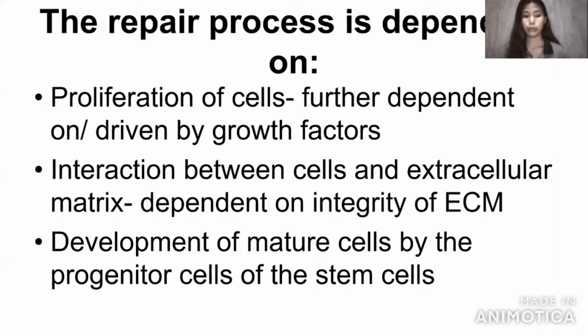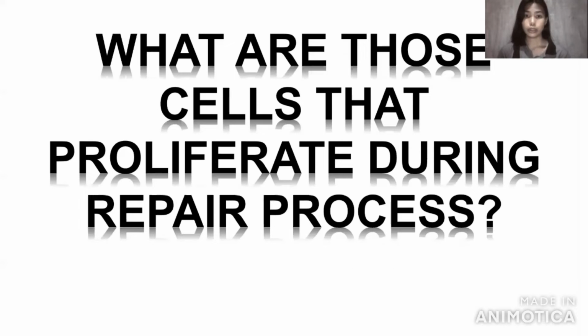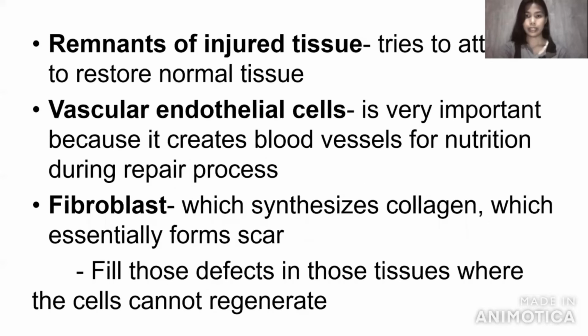Now, once we know that cells do proliferate in the process of repair, we need to understand which cells proliferate during the repair process. There are three important cell types. One is remnants of injured tissue, which attempt to restore the normal tissue.